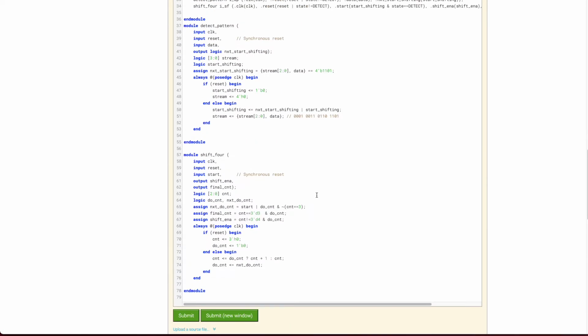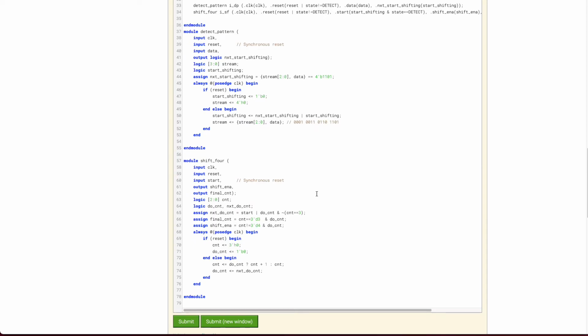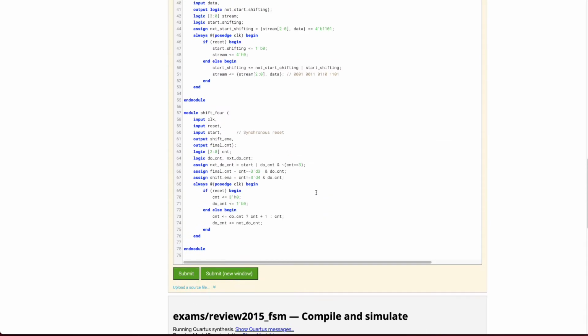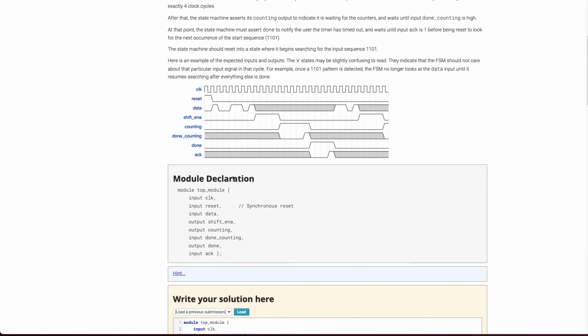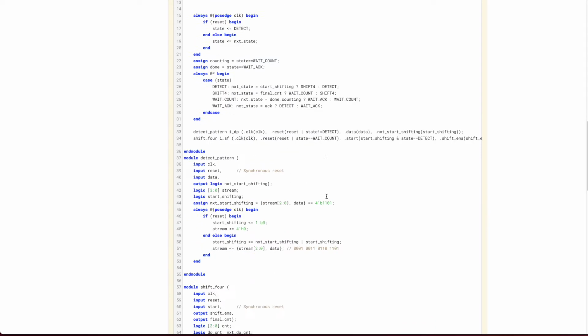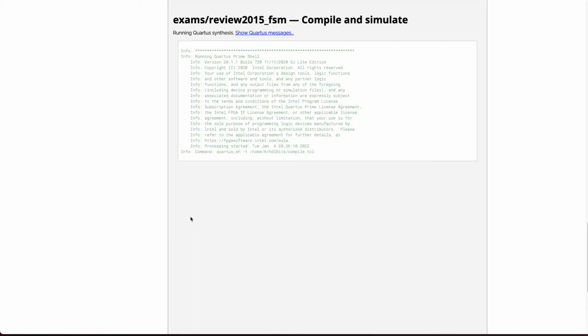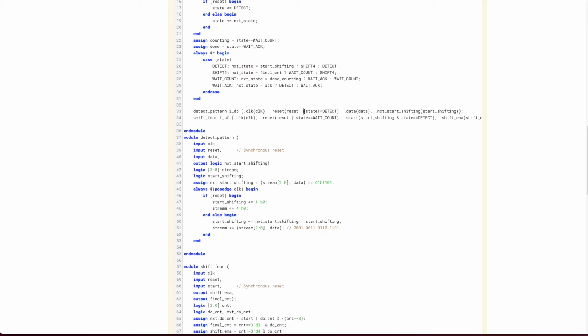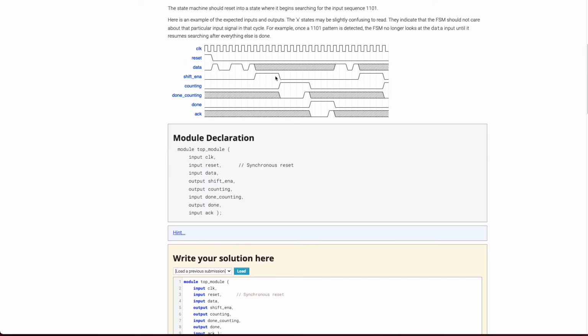Okay, so now we have this issue. So my final change here is to make sure that instead of not detect, because if not detect resets it, then we'll reset it right here as soon as we transition.